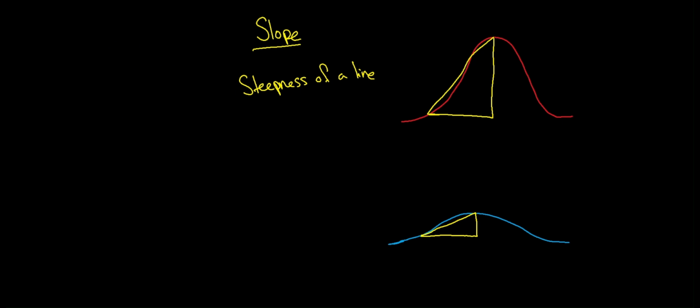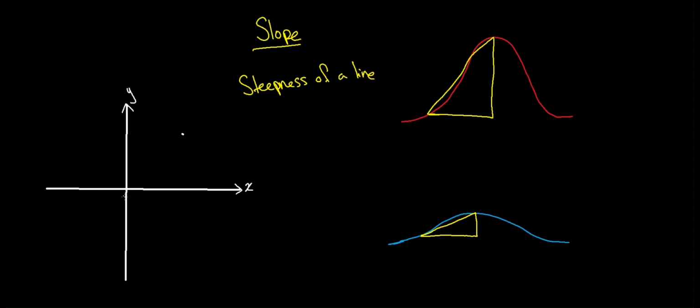So I'm going to start with drawing an x and y coordinate plane. A coordinate plane. There's the x and that's the y. So this is the y-axis and this is the x-axis.